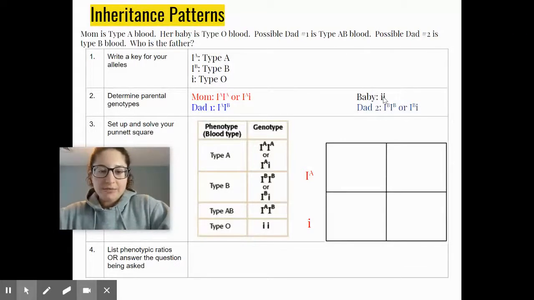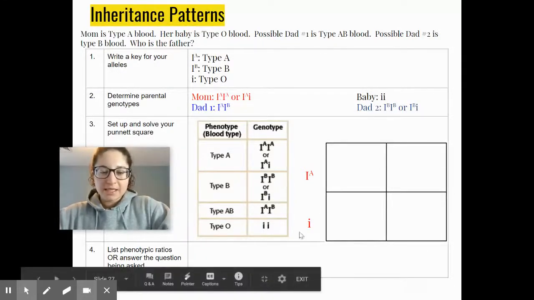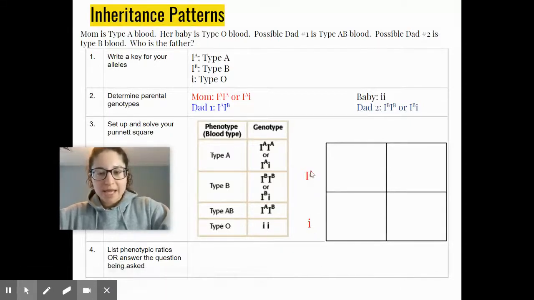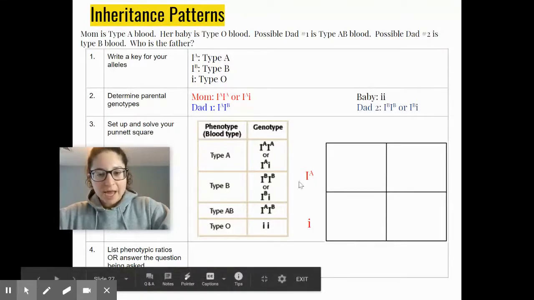Based off of that information, we know that mom has to be heterozygous. She has to have this little i in her genotype to pass it on to baby. So mom is type A, she's IAi. She's type A for this IA, but she's heterozygous because baby is type O.